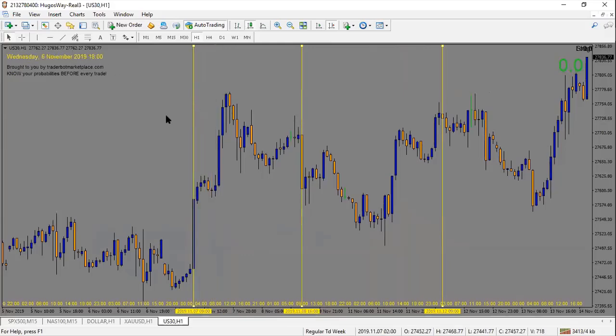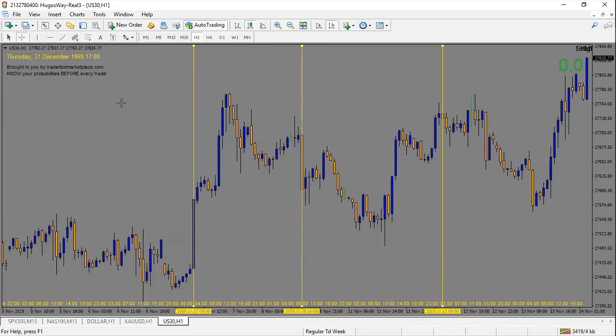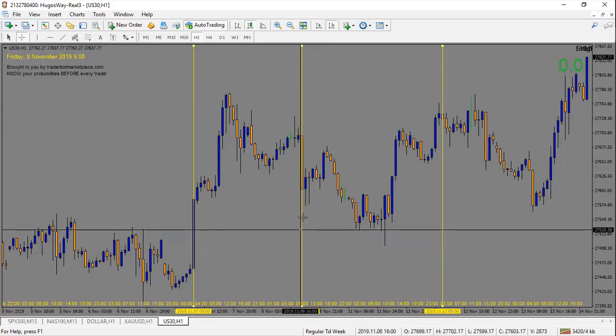This time, it just took off. Right when the market opened, it just took off. 3,000 pips. Okay? And then turned around the very next day, and that's when it fell. What do we got?